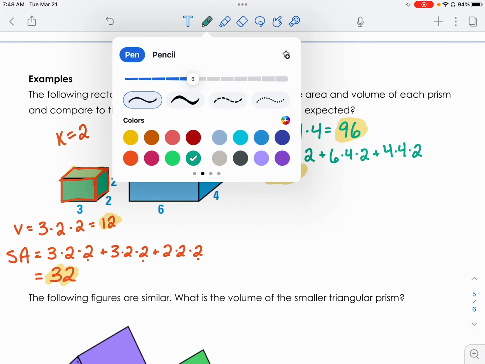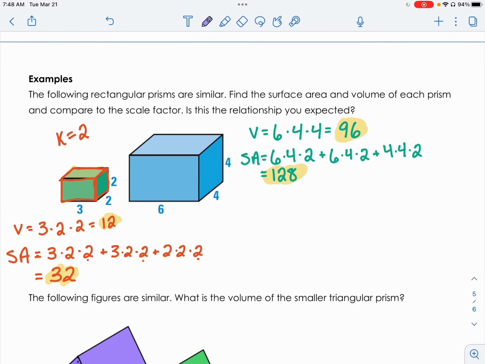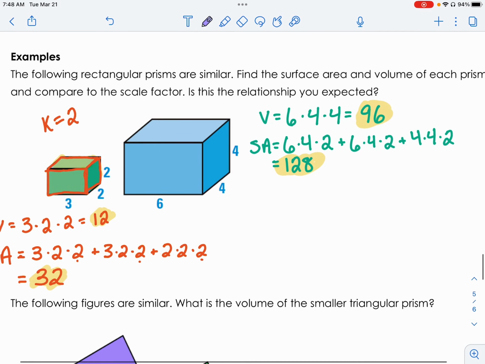So let's see if there's any type of relationship between the volumes here, or the surface areas. So starting with the volume, the bigger volume was 96, and the smaller volume was 12. That equals 8.